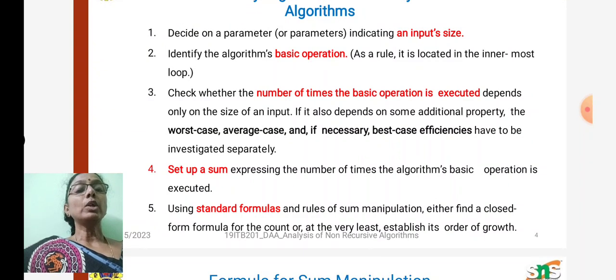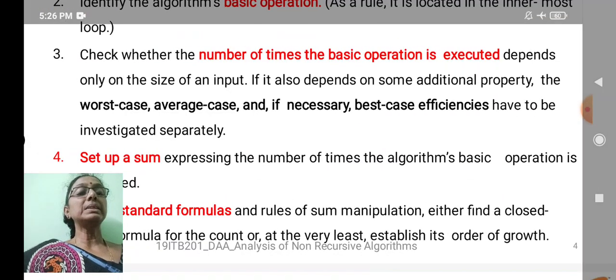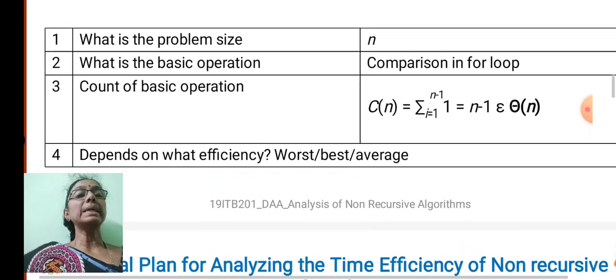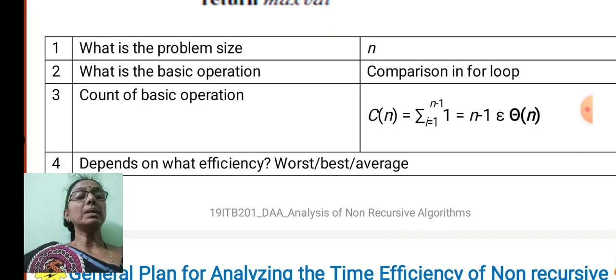We have to find out the efficiency of the algorithm. This is the general plan. In the previous slide, we saw for the given algorithm what the input size is, what the basic operation is, and how many times the basic operation is executed.